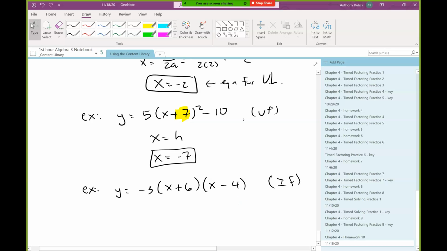The last example here, we have an intercept form example. The formula there for the axis of symmetry was p plus q over 2. So p is the opposite of this one, and q is the opposite of that one.